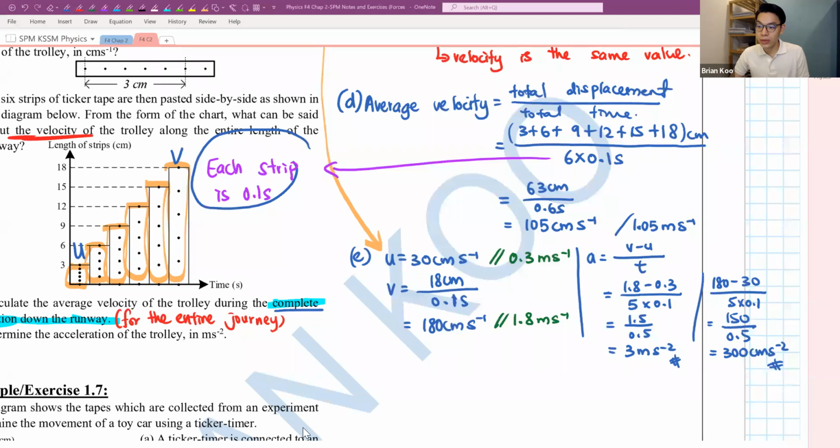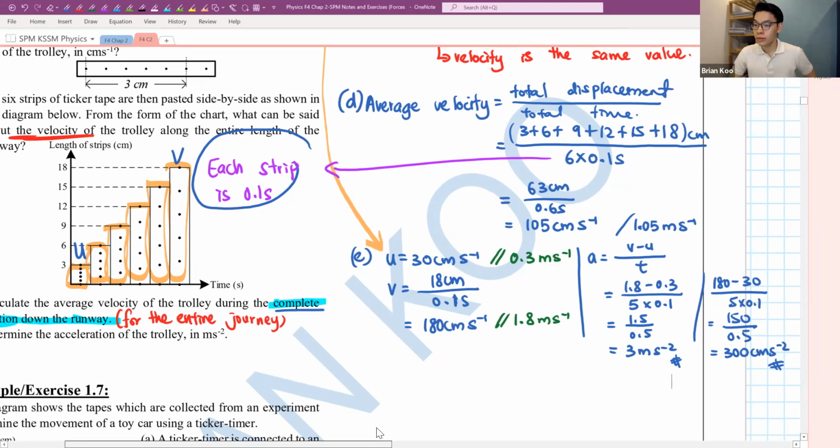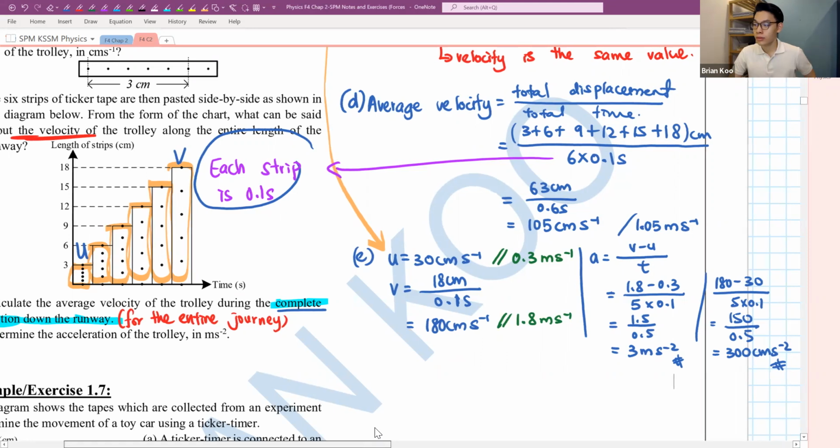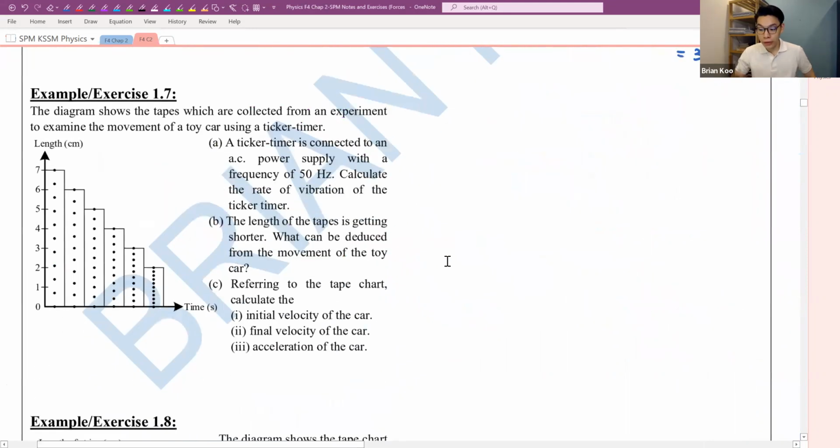The next exercise, 1.7. You must let me know if you don't understand anything, or else I wouldn't know.